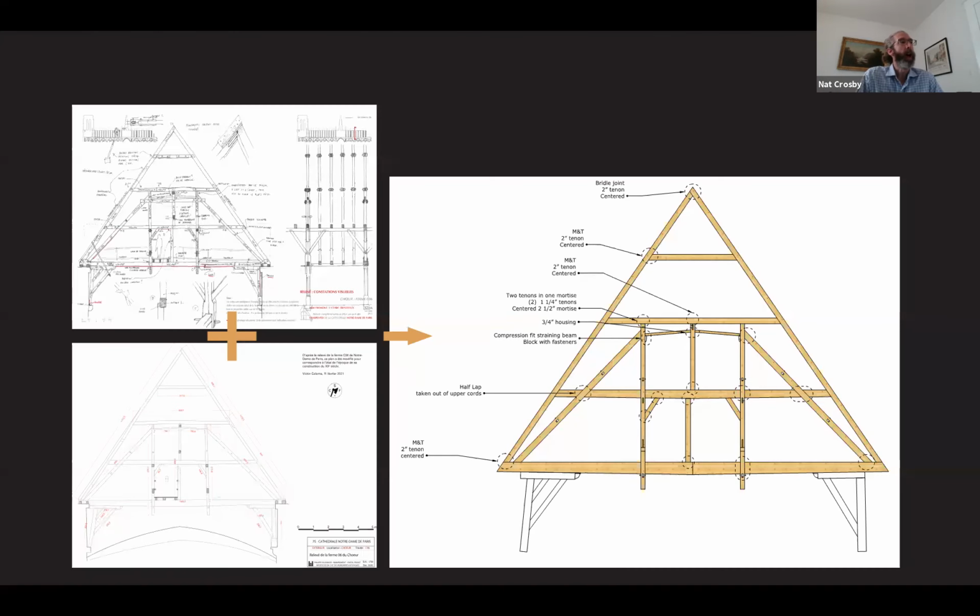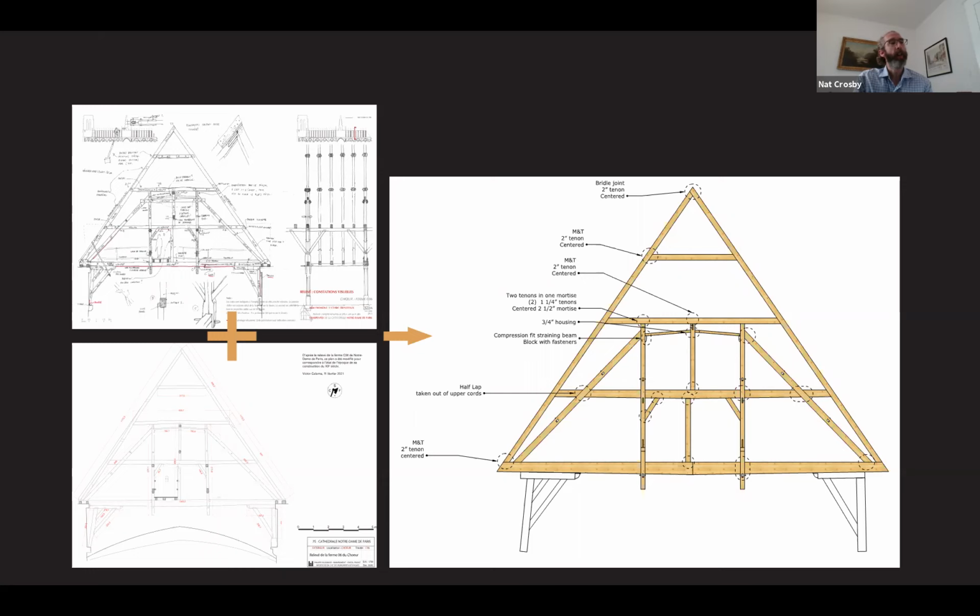And so where are we? We have a couple series of drawings, and those drawings are coming together with Hans House in order to build the full truss into a working set of drawings that can be utilized to make a construction.